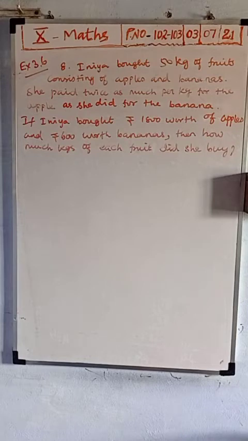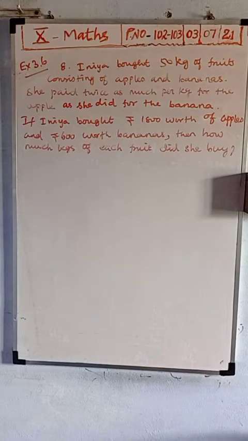Suppose banana is 5 rupees, then apple is 2 5s are 10, so 10 rupees. Like that. Then Inia bought rupees 1800 worth of apples and 600 worth of bananas. How many kilograms of each fruit did she buy? That we want to find.